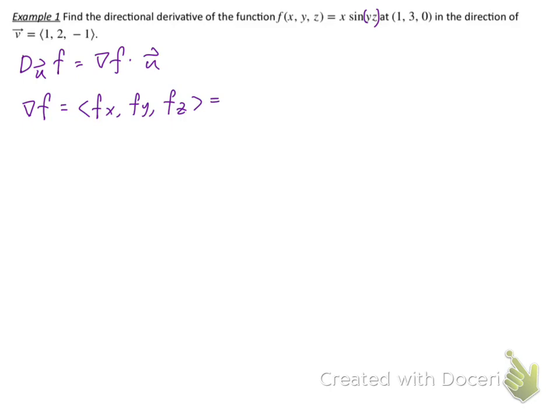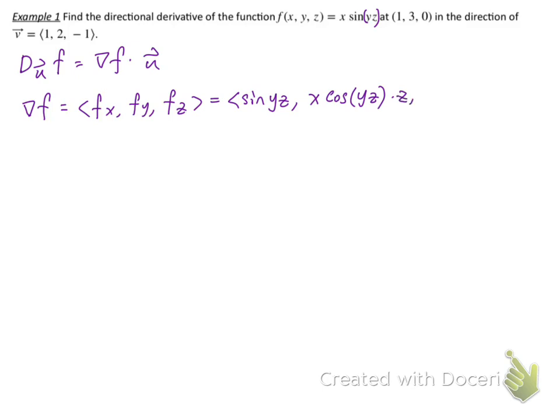Look at our formula. Take derivative with respect to x. Sine yz is the coefficient of x. Take derivative with respect to y. x is the coefficient. Then you are taking derivative of sine of yz with respect to y, which means you differentiate the input and you get z.